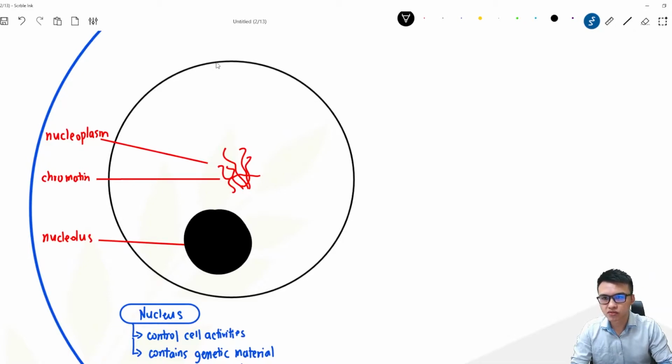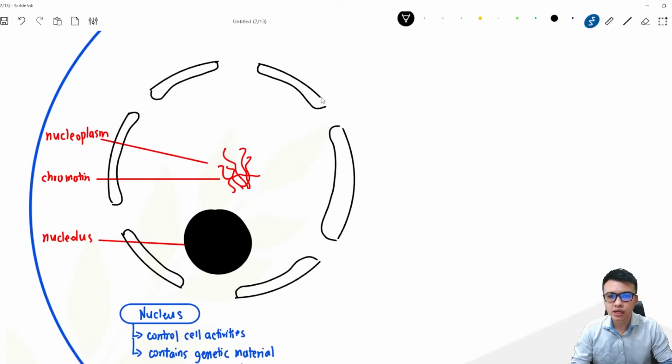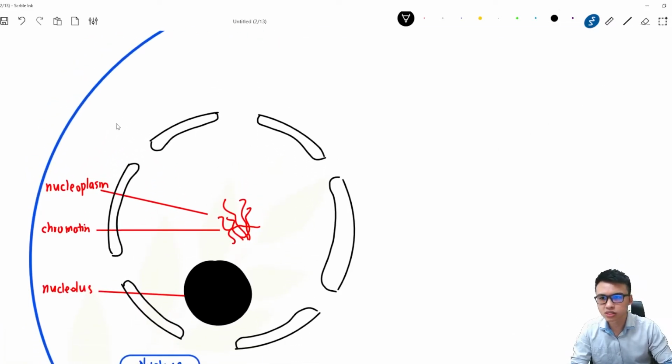So the membranes of the nucleus look like this. What you can see here is the membrane of the nucleus, and we call it the nuclear membrane.